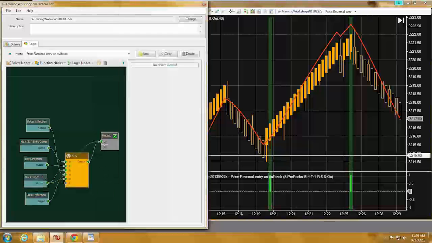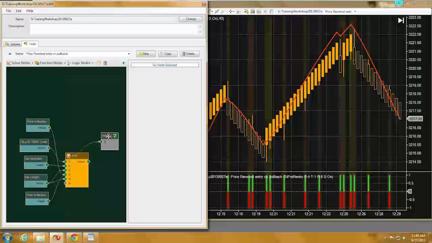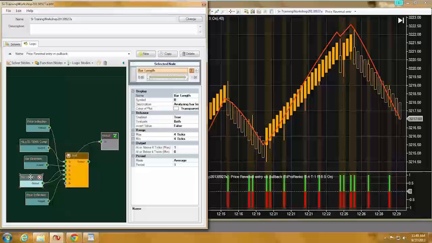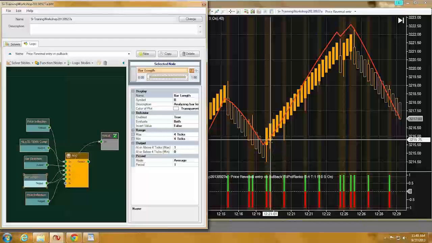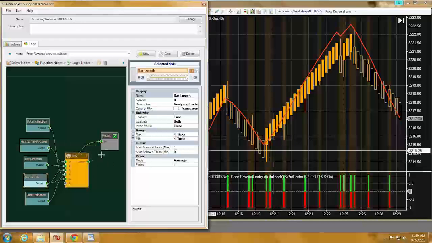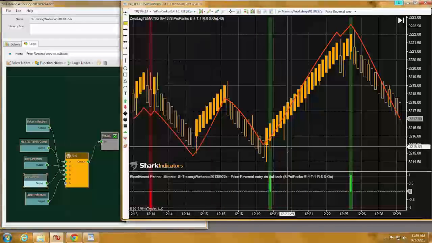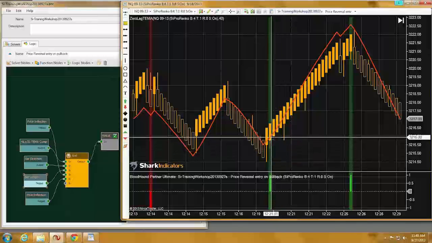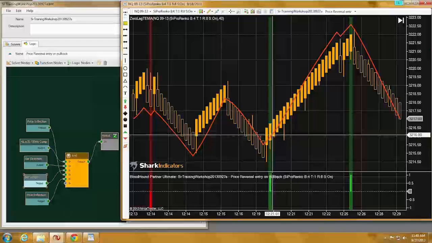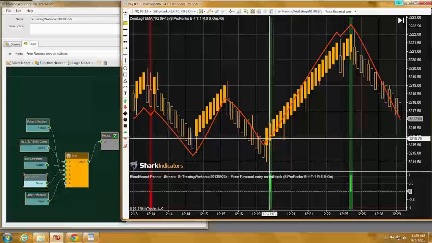Let's see, I'm kind of wondering why. Oh, yeah, so this bar length solver where we're looking for candles with a wick, technically that's correct, but I can see I actually need another filter. I need to make sure that the moving average is below the opening price.